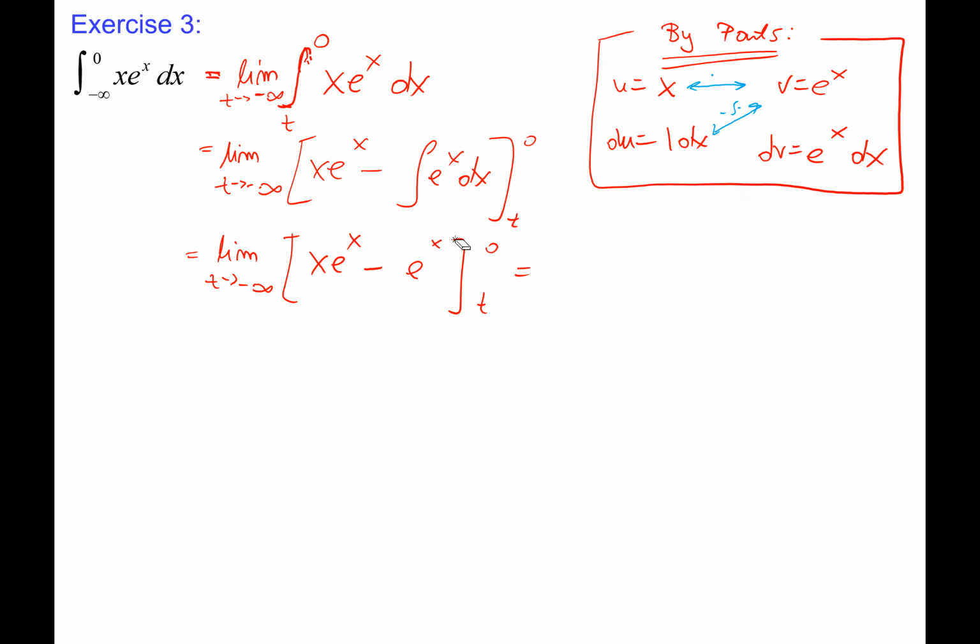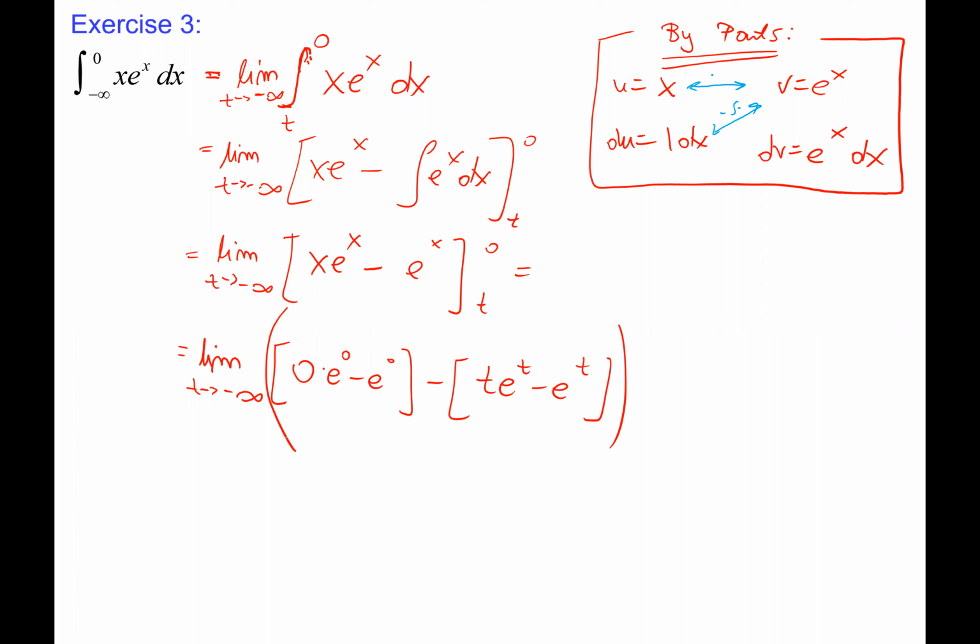I still have to evaluate the limit, but let's apply the upper and the lower limits of integration. 0 times e to the 0 minus e to the 0, minus t e to the t, minus e to the t, everything for the limit. e to the 0 is of course 1, times 0, that means we have 0 minus 1 minus t e to the t, plus e to the t.